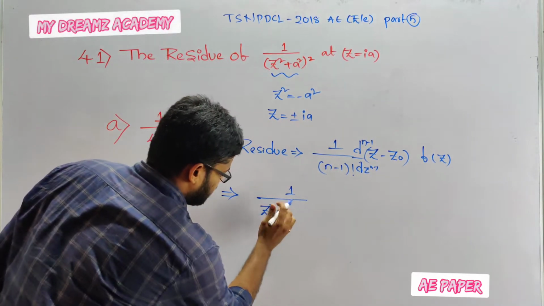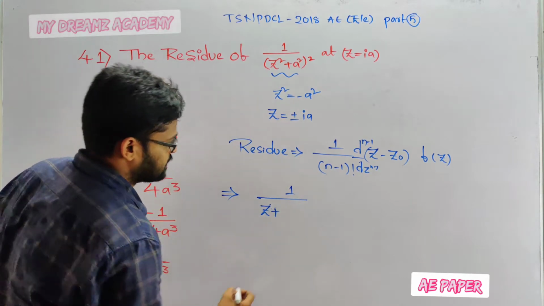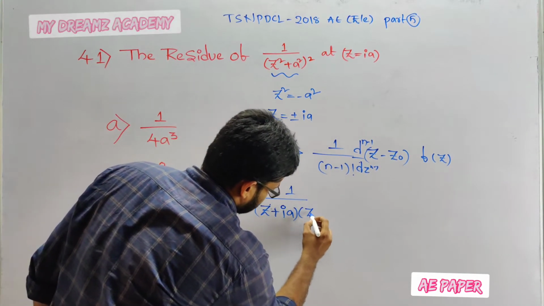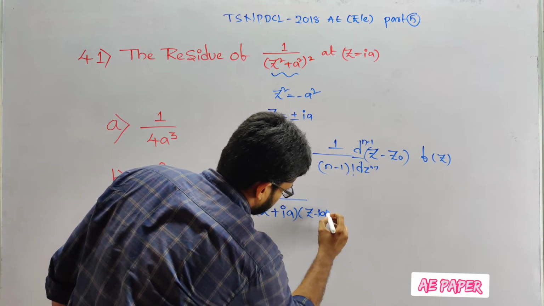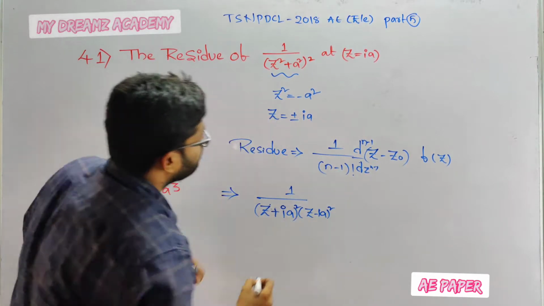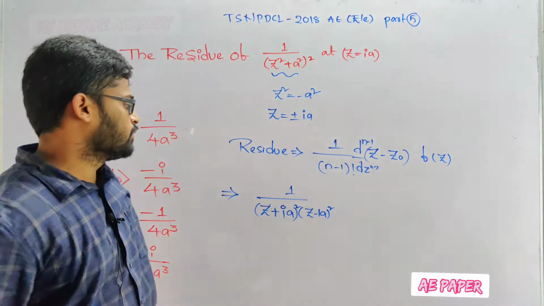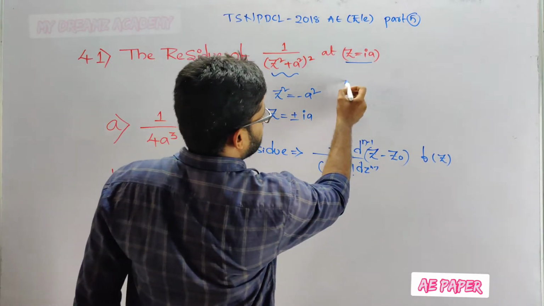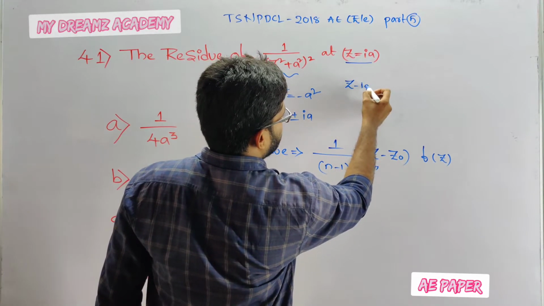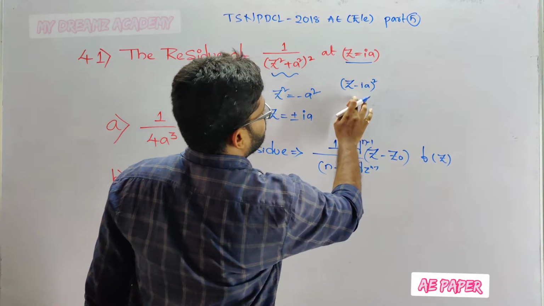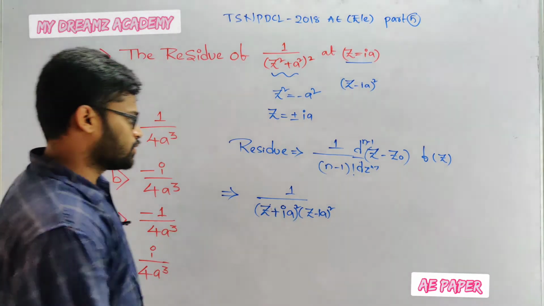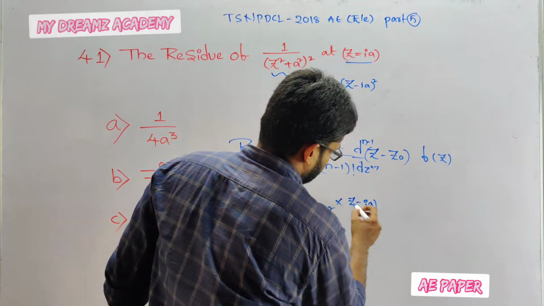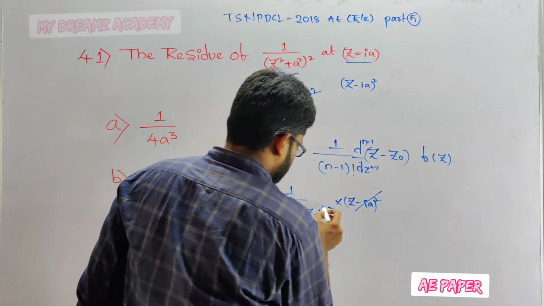So I am writing it like this: (z plus ia) (z minus ia) whole square. Total we have the square. Now we need to calculate it at z equals ia, that is (z minus ia) whole square. At this place we have to consider. So multiply (z minus ia) whole square to this one, this will get cancelled.